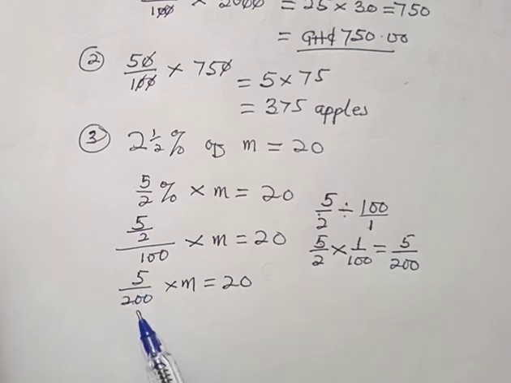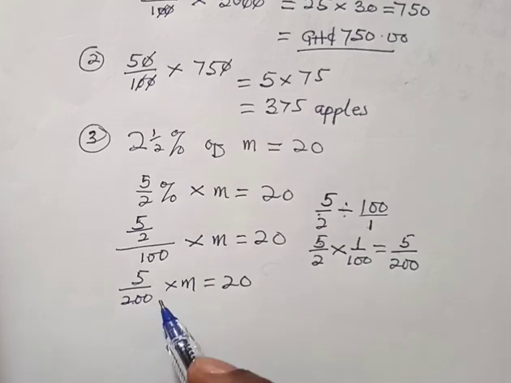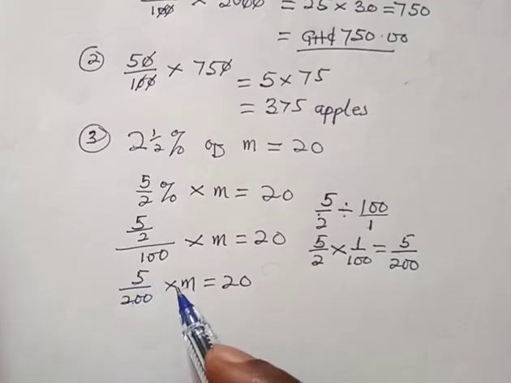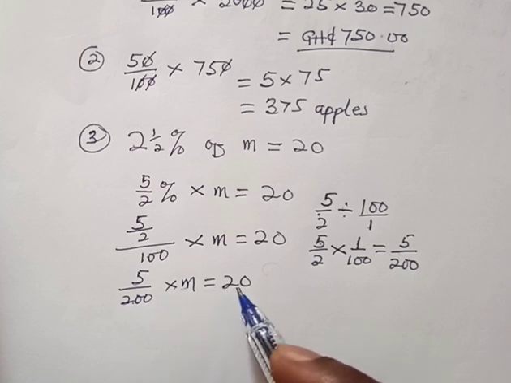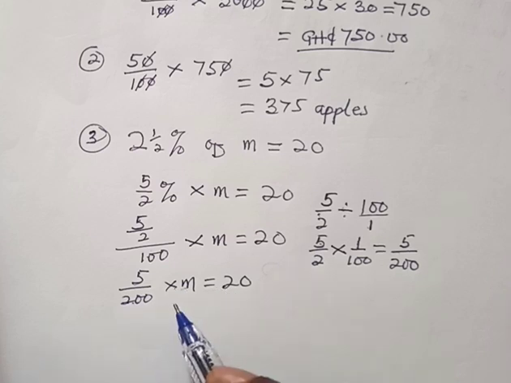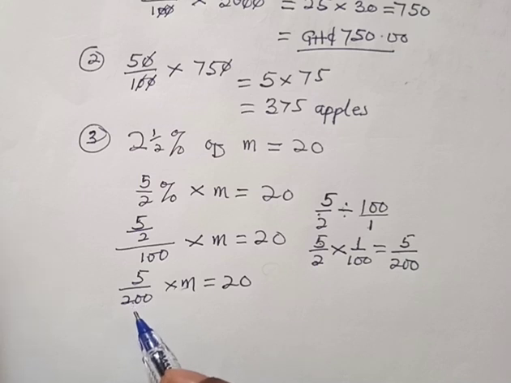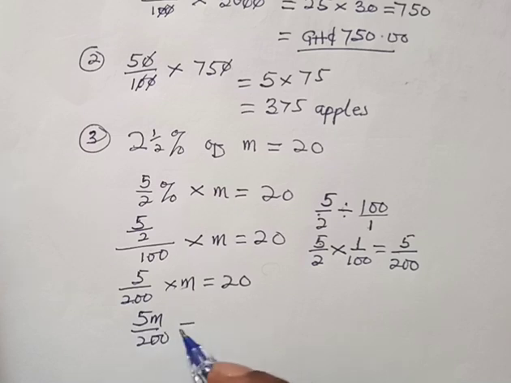All right, good. Okay, let's move on. Now, once we have this, because we have this as fraction, which also involves an unknown number and equal sign, what we do is we find the LCM. So this is 200. So we are getting 5m divided by 200 is equal to 20.